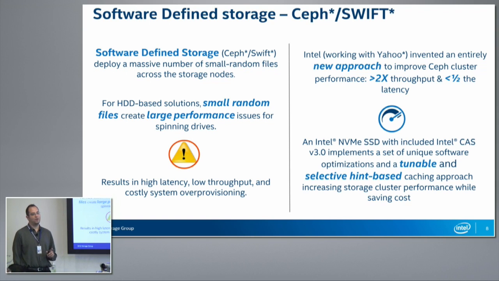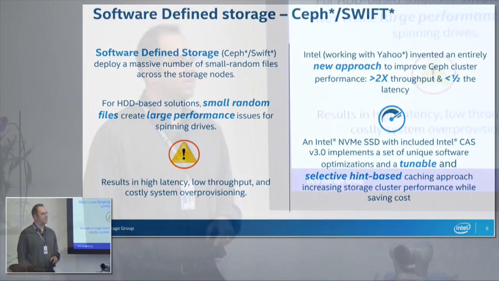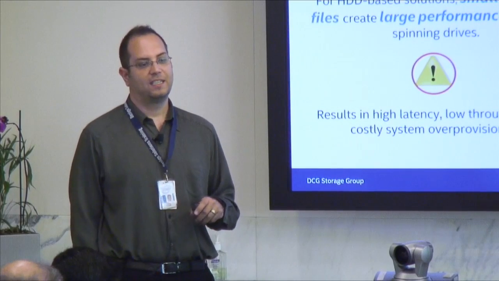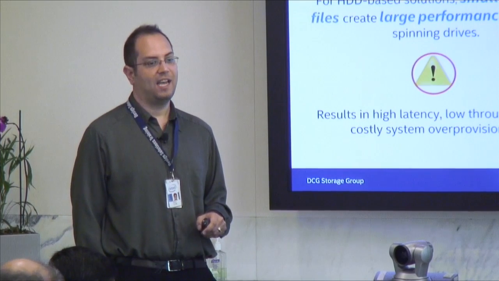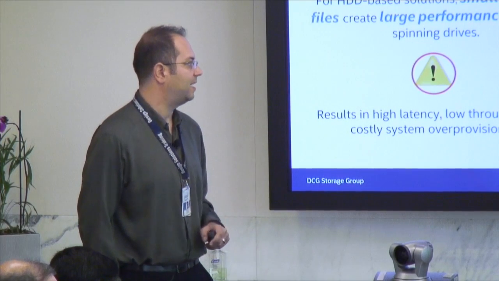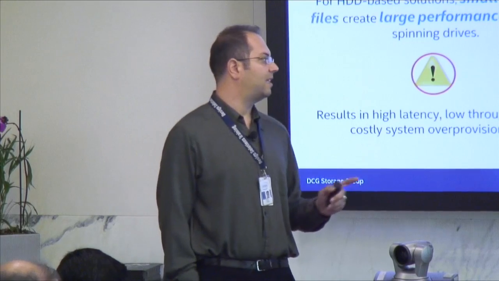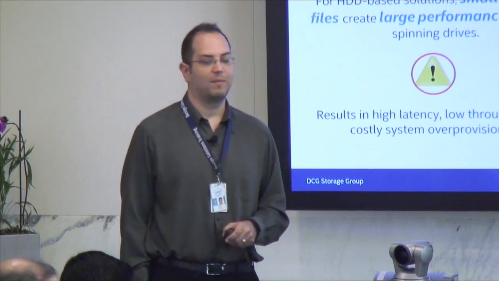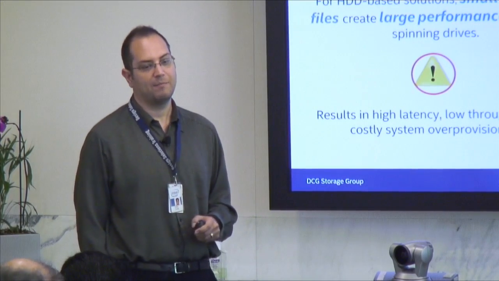As opposed to traditional LRU-based eviction, we now have hint-based caching and priorities. I'll talk more about that too. So that allows you to increase your storage cluster performance and save cost at the same time.